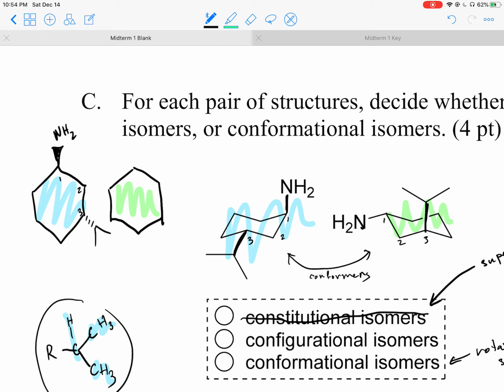And then we can call 1, 2, 3. NH2 is going to be down, and isopropyl, oh, nope, it's going to be wedged.